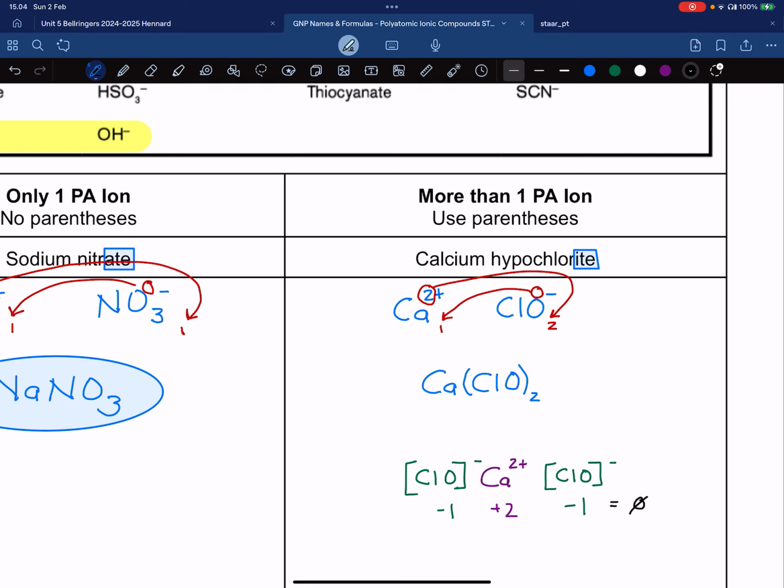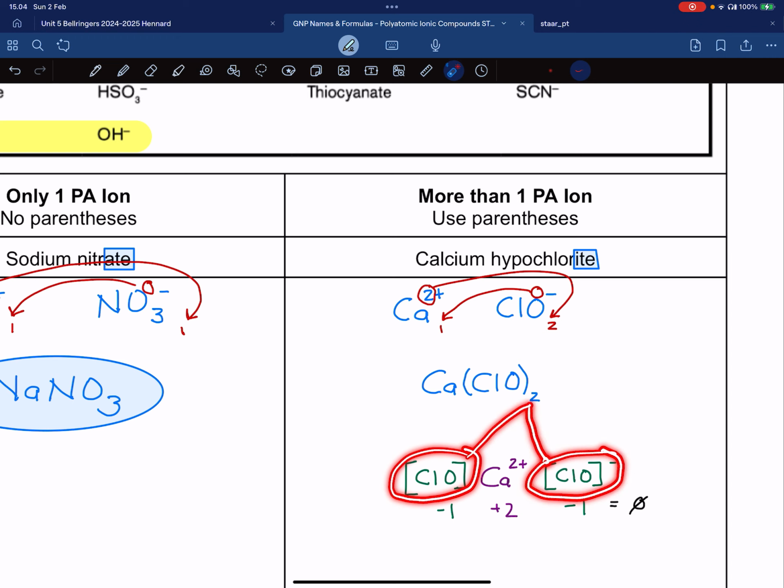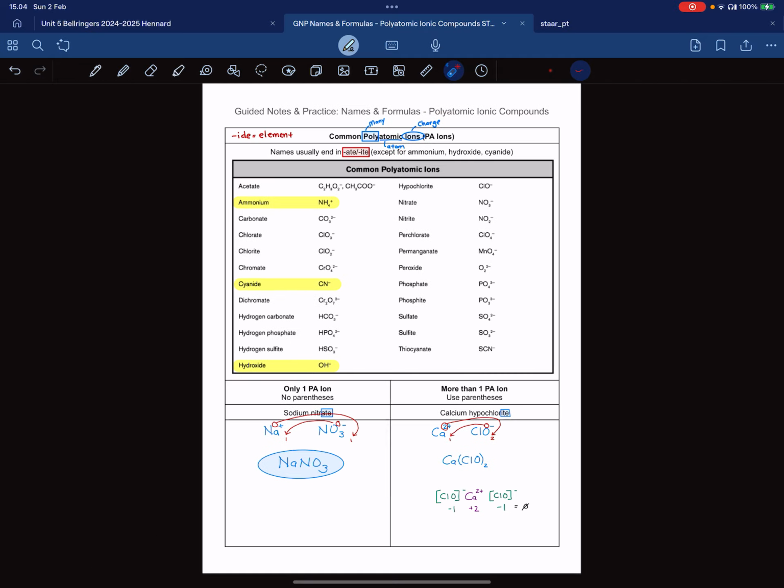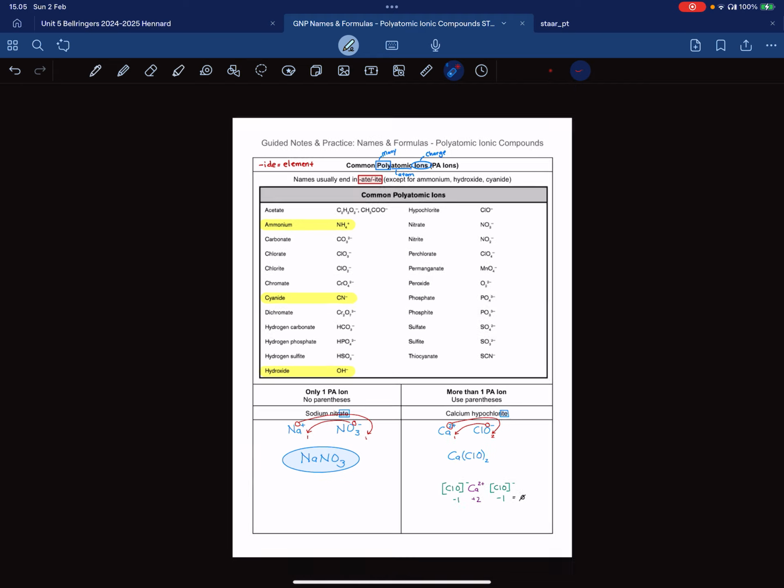That's what we need. Because we have 2 of these things, we have a 2 there, right? And we can't just put ClO2 because that is not 2 hypochlorites. All right, folks, that's enough to make you dangerous.